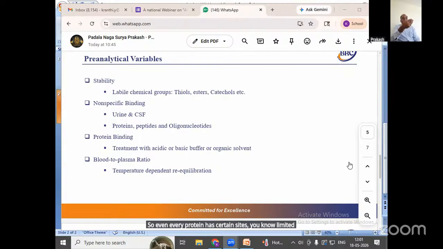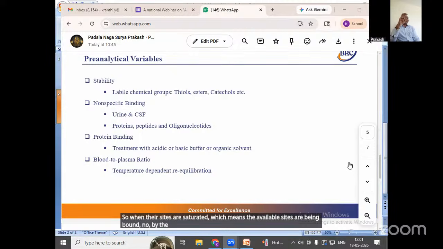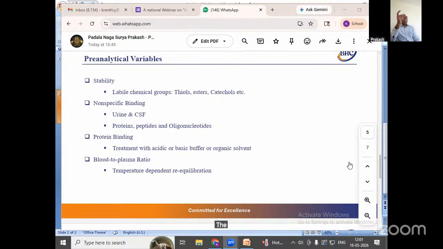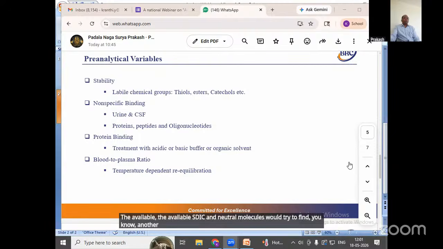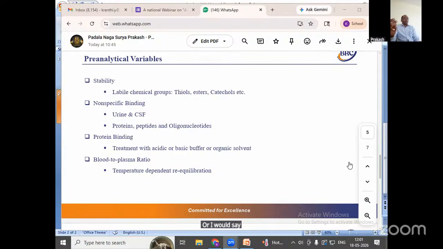When those sites are saturated, which means the available sites are being bound by the acidic or neutral molecules, the remaining acidic and neutral molecules would try to find another area, such as lipoprotein.